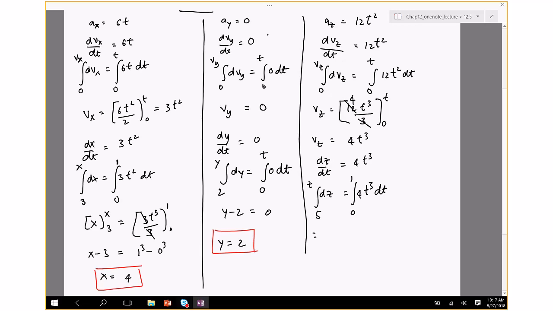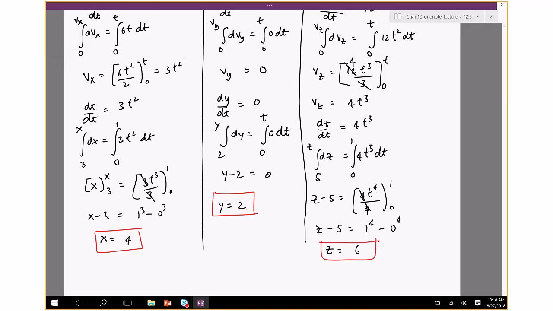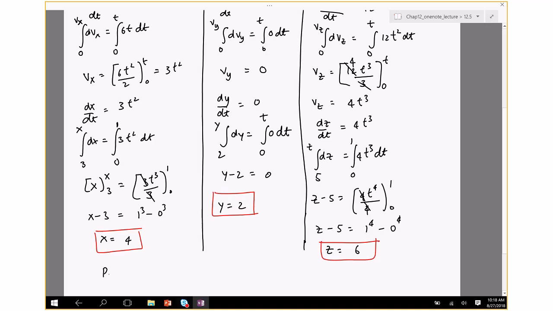So z minus 5 equals 4t raised to 4 divided by 4, from 0 to 1. So z minus 5 equals 1 raised to 4 minus 0 raised to 4. So z equals 6. Okay, so you could keep the answer this way, or you could write the position at t equals 1 second: the x coordinate is 4, the y coordinate is 2, the z coordinate is 6.